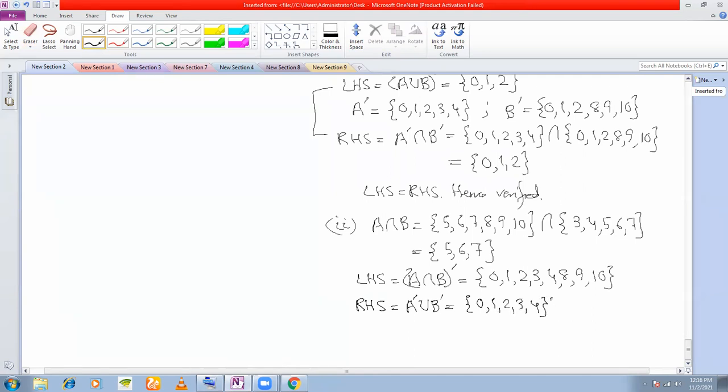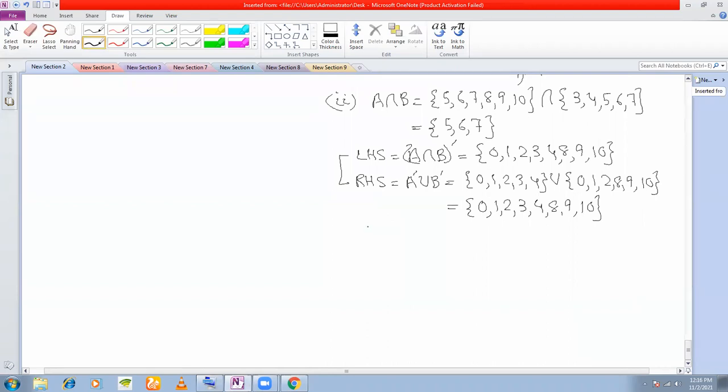For the union: 0, 1, 2, 8, 9, 10 together with 0, 1, 2, 3, 4 gives 0, 1, 2, 3, 4, 8, 9, and 10. Right, this is the union. And now you see that the left hand side and right hand side are both equal. Left hand side is equal to right hand side, hence verified.